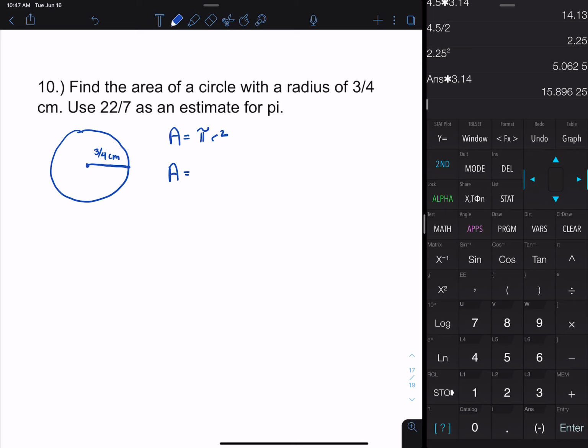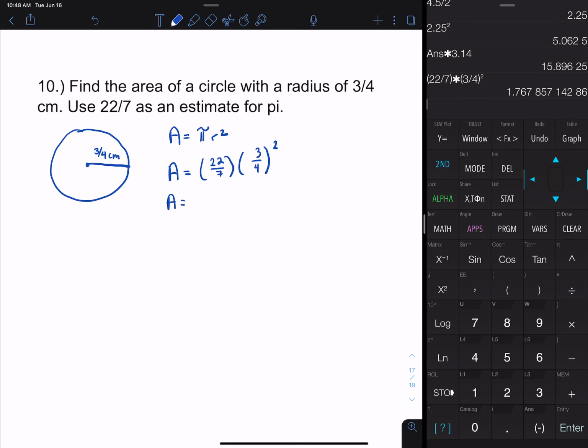So our area is going to be pi, so they're telling us to use the estimate 22/7 times the radius, so 3/4 squared. So we can just type this right in our calculator. I'm going to say that I have parentheses 22 divided by 7 times my parentheses 3 divided by 4 squared. And if I do that, I get this decimal number.